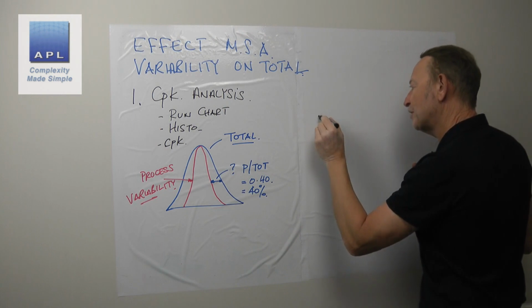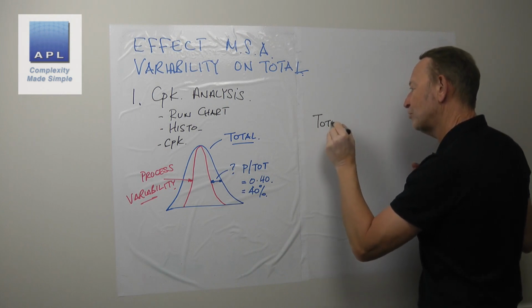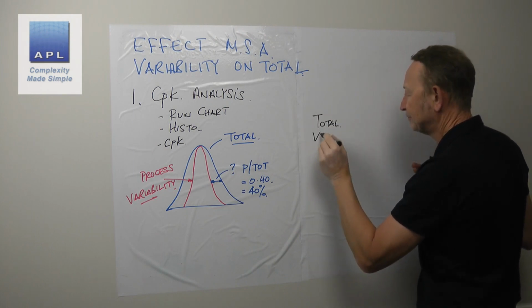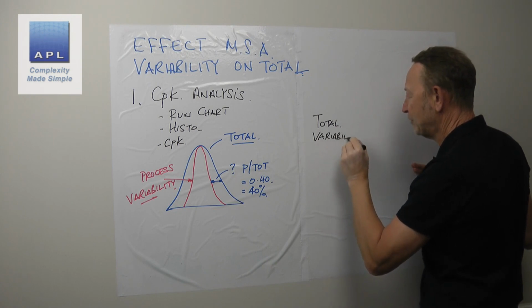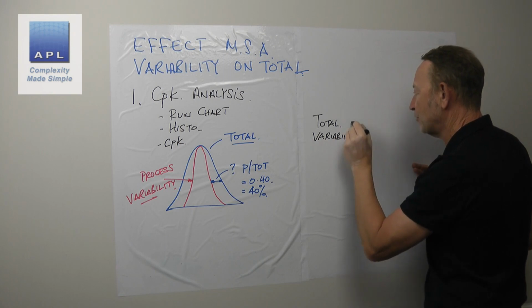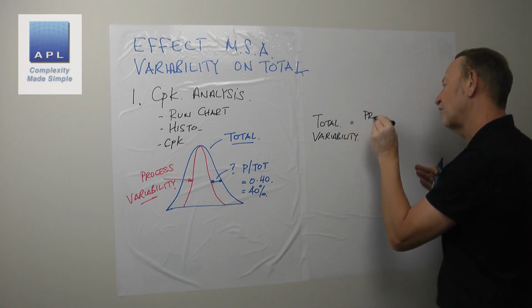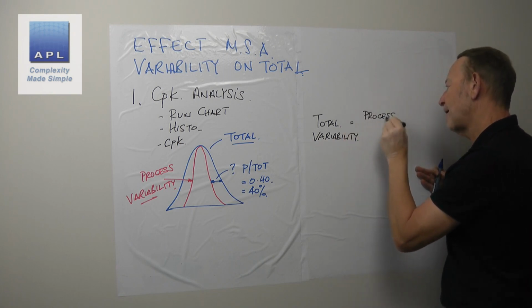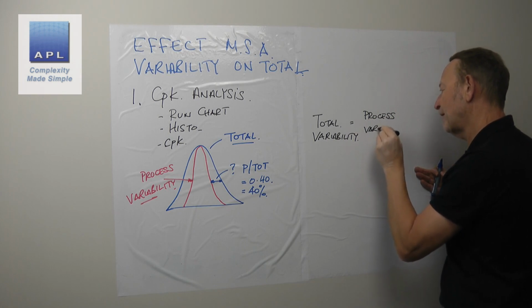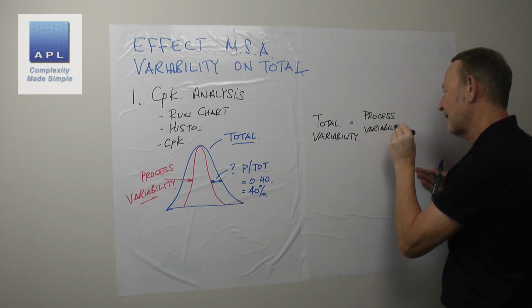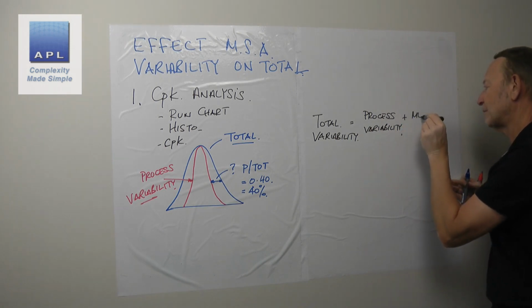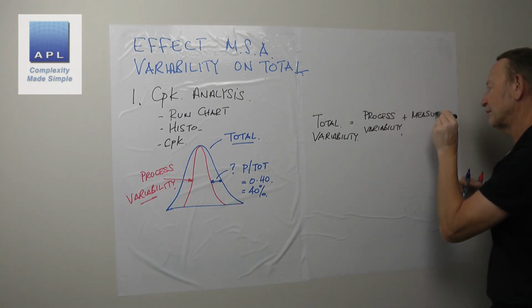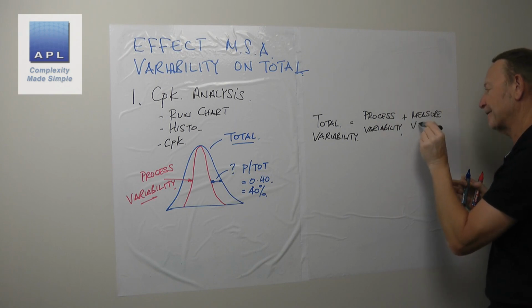So what we've got here is total variability. And we know that it's made up of those two components. It's made up of process variability plus measurement variability. Okay.